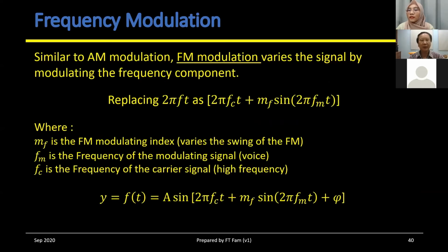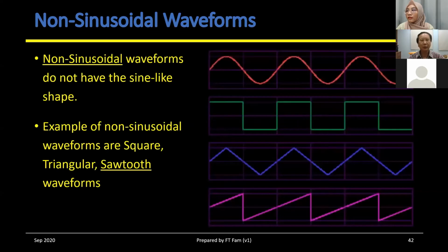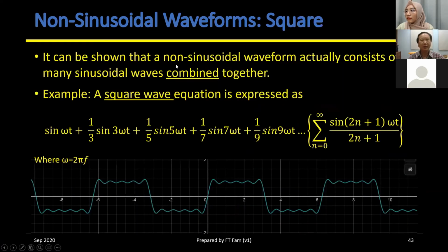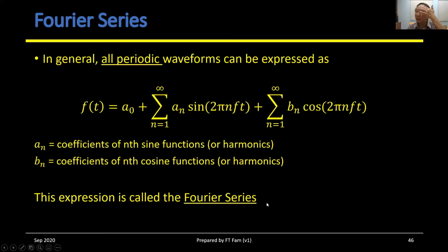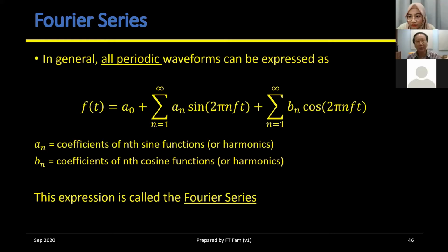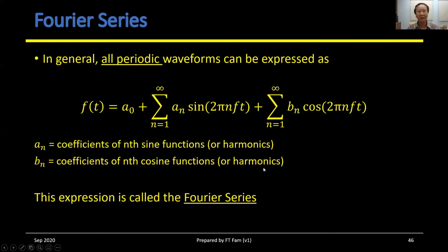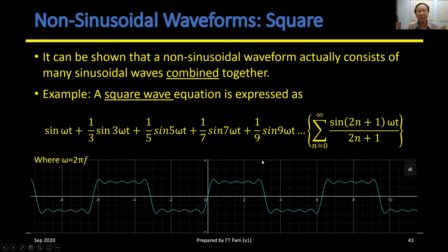On the non-sinusoidal wave, you have this equation here. It can be shown that a non-sinusoidal wave can actually consist of many sine waves combined together. This is actually the Fourier series. I think some of you put harmonic series. They're quite close, but this is the actual equation that describes the waves that combine together into different expressions.